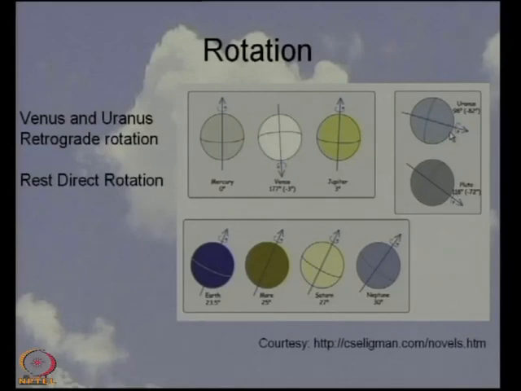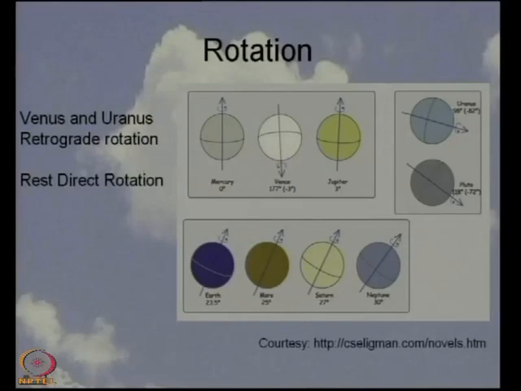Okay, Uranus. Now both Venus and Uranus rotate in the direction opposite to which they revolve around the sun. This is called retrograde rotation. Okay, so the rotation is in one direction and it revolves around the sun in the opposite direction. This is called retrograde rotation.